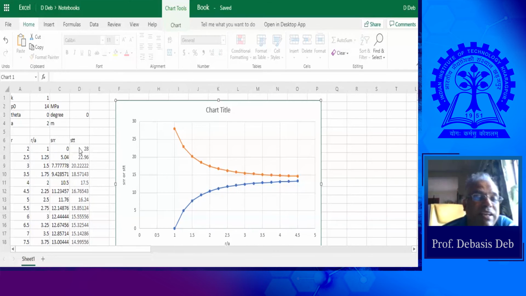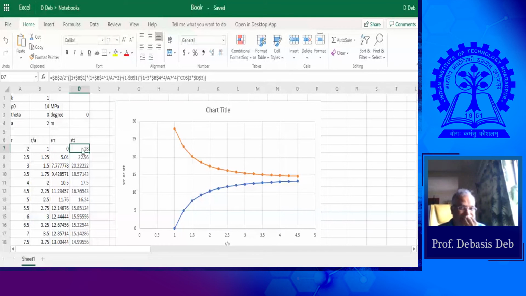But you see this value. This is very interesting. This becomes double, 2 P naught. Now the sigma theta theta right at the boundary becomes double. Now if you see again in the equation, this is 1 plus a square by r square.